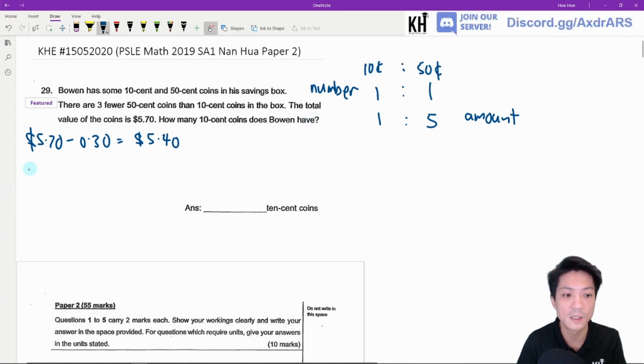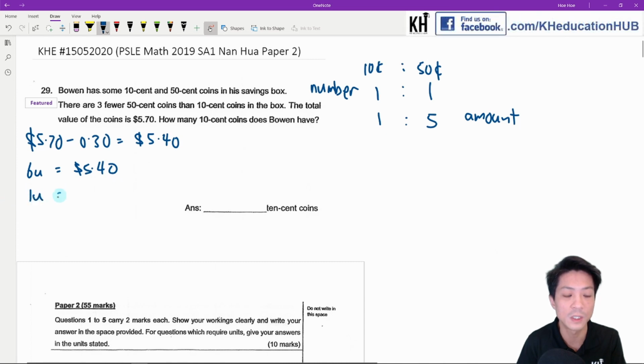So which means that 6 units will be equal to 540. I'm going to find what is 1 unit. If you do your division, it's going to be 90 cents.